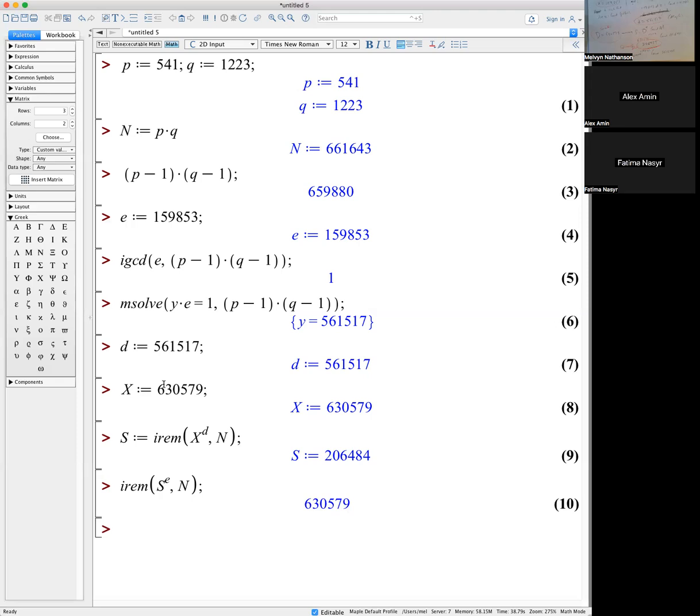So she takes her number, her name, X, which is capital D in the text, raises it to the power of little d, and reduces it mod n. This is the number she sends. And she can do it because she knows little d. But no one else knows little d. To get d, you have to solve the congruence, d congruent to 1 modulo this. And if you don't know p and q, you don't know this. But anyone who gets this can raise it to the public power e mod n and see that it's her signature. So that is the RSA digital signature.